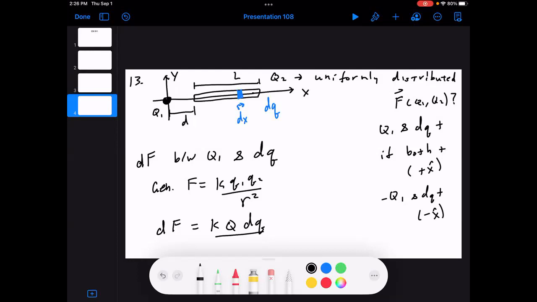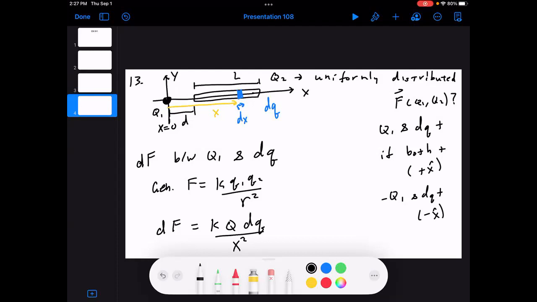Where the origin, x equals 0, is right there in the center. So if we're measuring from there, we can just use x, because x is always just measured from 0. Okay, so this is going to be x squared.